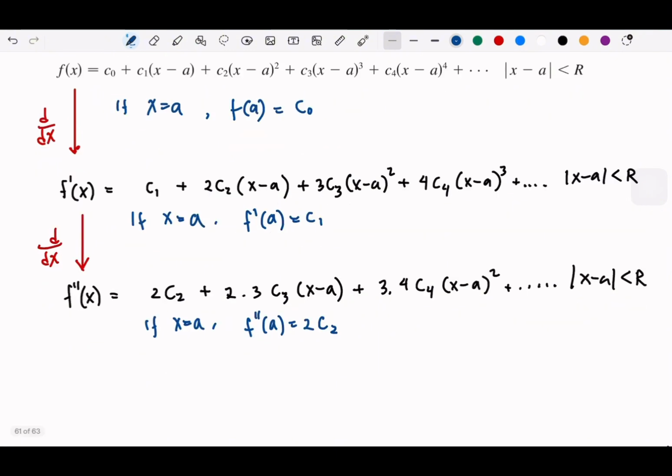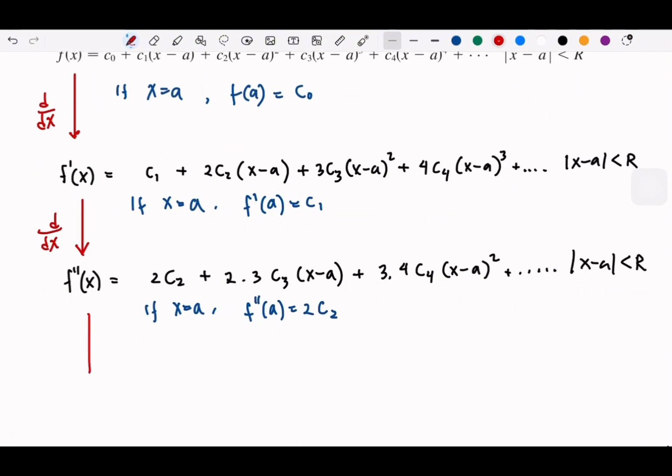Okay. Now the last part, suppose that we are going to have a good pattern or a unique pattern. So we take the third derivative. Okay, the constant will be 0. And then this will be 2 multiplied by 3 C3 plus, now it becomes 2 multiplied by 3 multiplied by 4 C4 (x minus a), which becomes linear. And suppose that we have coefficient C5. We are going to know that this C5 will have a coefficient in front of the term.